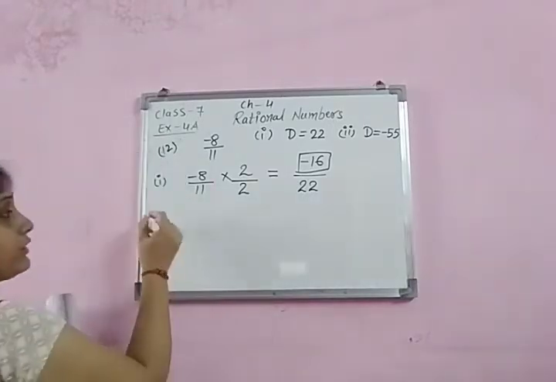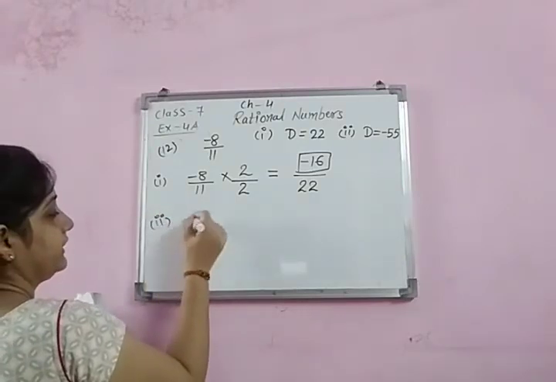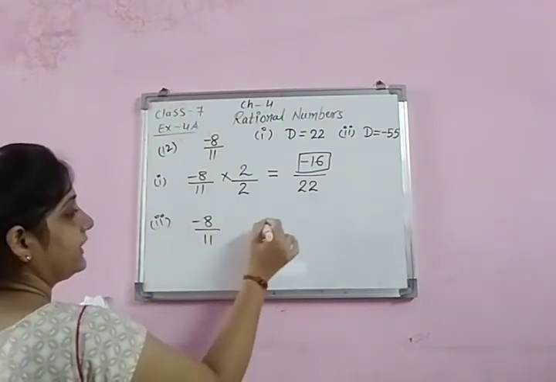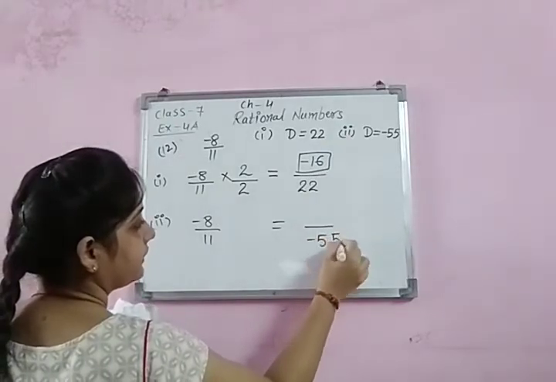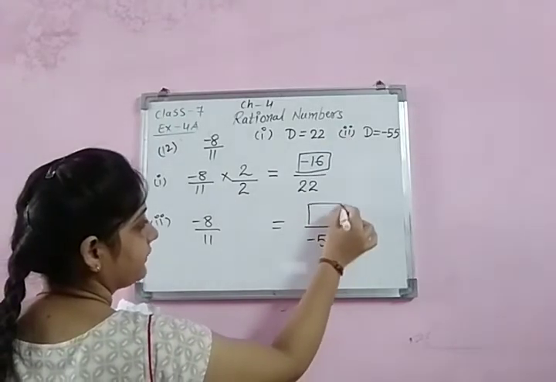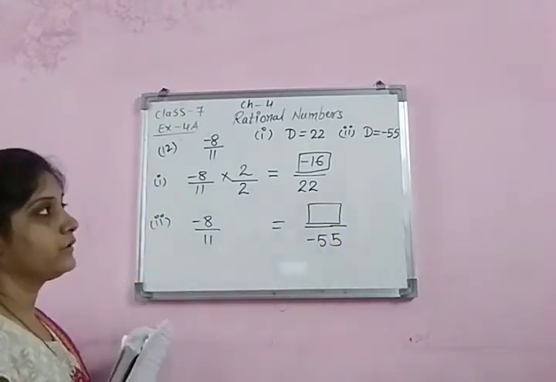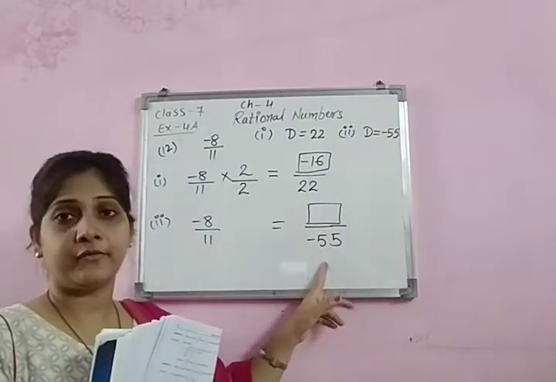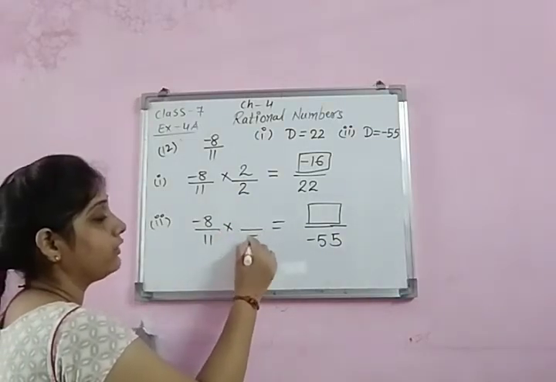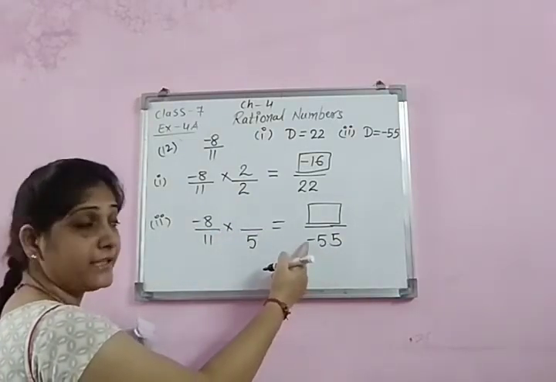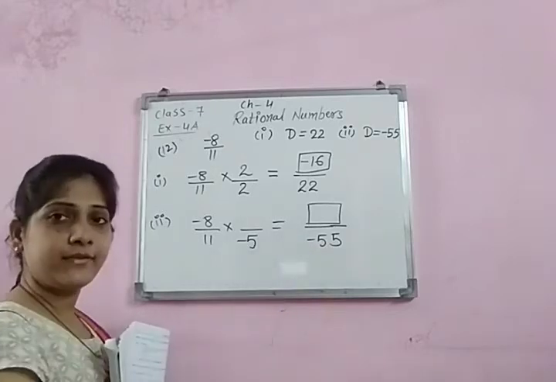So the second part also we can do, children. Yes. Negative 8 by 11 and this time we have to make the denominator minus 55. Okay, sorry, negative 55. So 11 fives, we all know, are 55, but we want negative. So let's write a negative sign here.